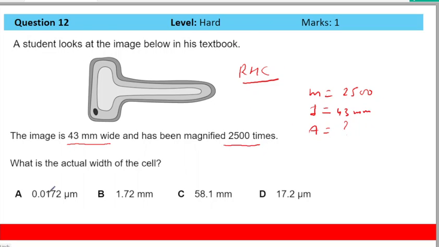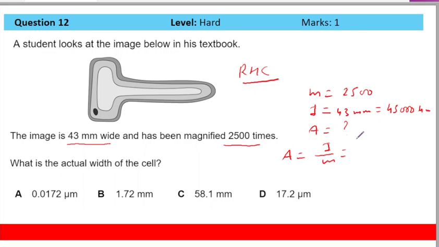Here in the options you can see answers are given in micrometer as well as millimeter. So it is better to convert this mm into micrometer. So 43 multiplied by 1000. So it will be in micrometer now. Actual size is equal to image size divided by magnification.